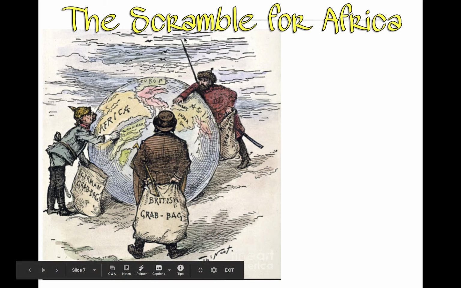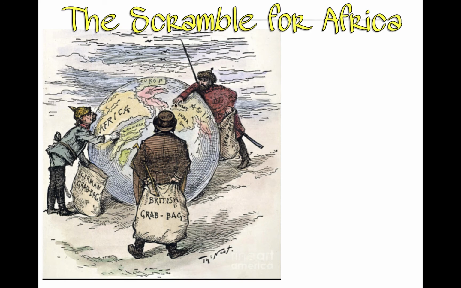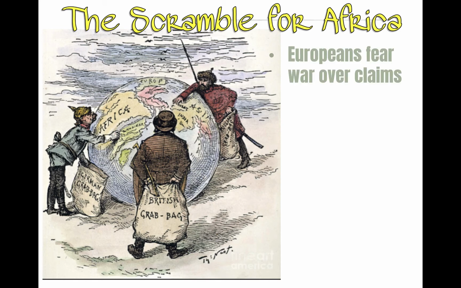If you look at this political cartoon right here, you'll see Russian grab bag, British grab bag, Germany grab bag, right? And they're all reaching up there, except the British at that moment, but you can see them reaching up just like they're taking a piece of the globe off and they're going to put it into their bag. So in this sense, it's showing you that all these different European countries, and Eurasian, I should say, because that's what Russia is, are in a scramble for Africa.